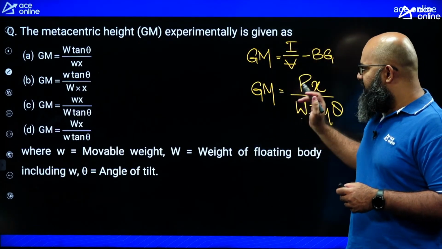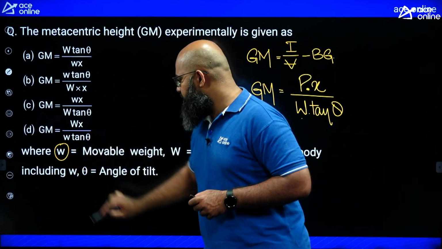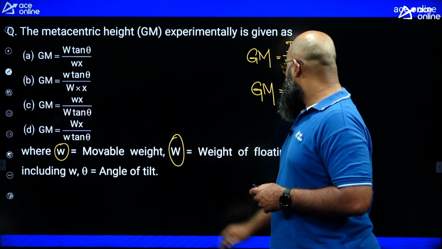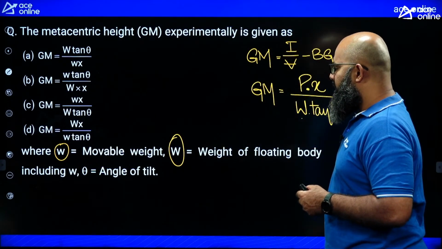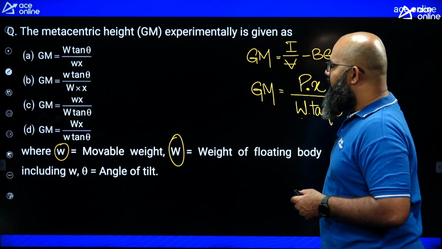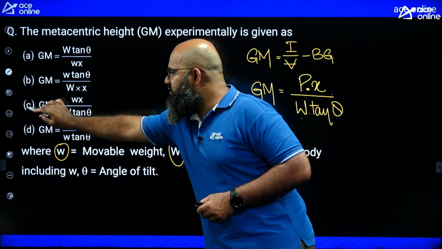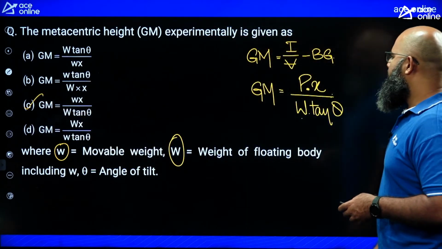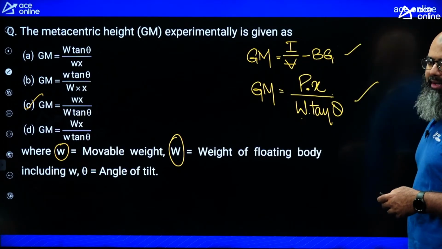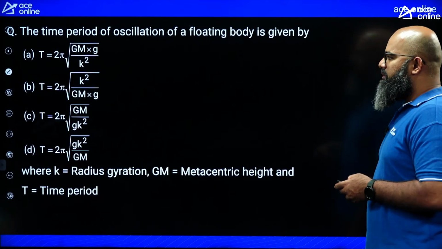So you see, over here he has used small w in place of P, capital W in place of weight of the ship or floating body, theta is the angle of tilt. So now according to our formula, it is P times X upon W times tan theta. This answer is option C according to our formula. So remember, there are two formulas over here. One formula is I by V minus BG, one formula is P times X upon W times tan theta.